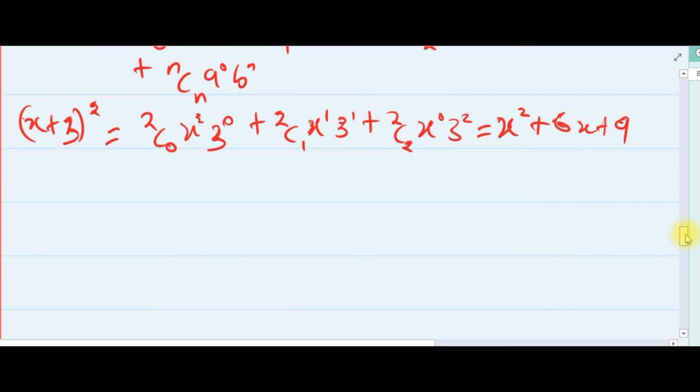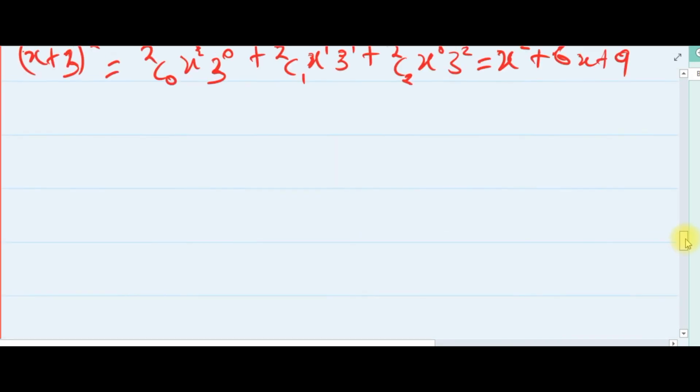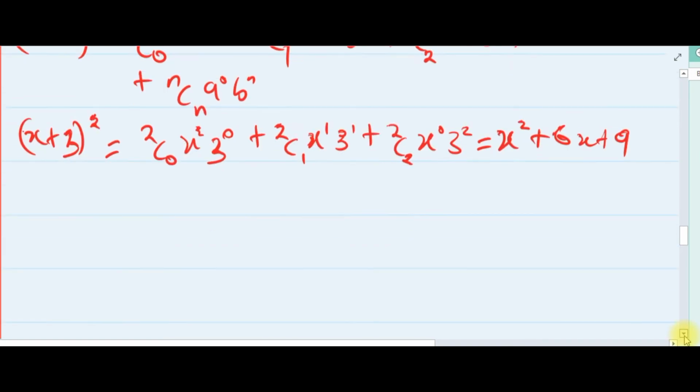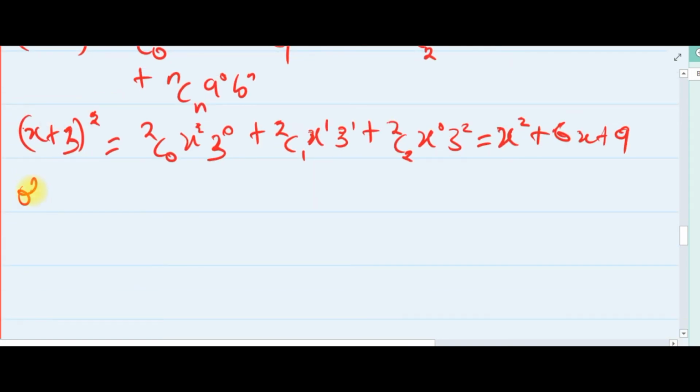We now notice something from this, very, very important. There are some things we need to observe here. The first thing we observe is that the number of terms is always n plus 1.